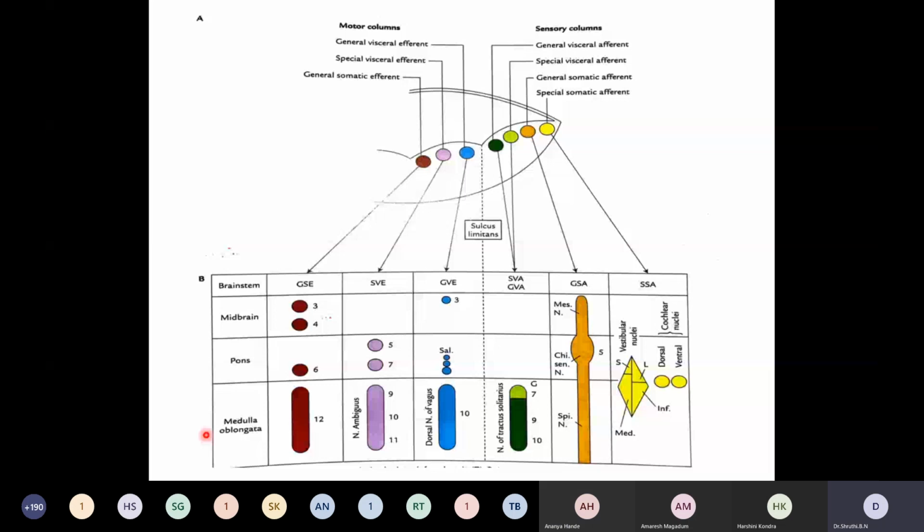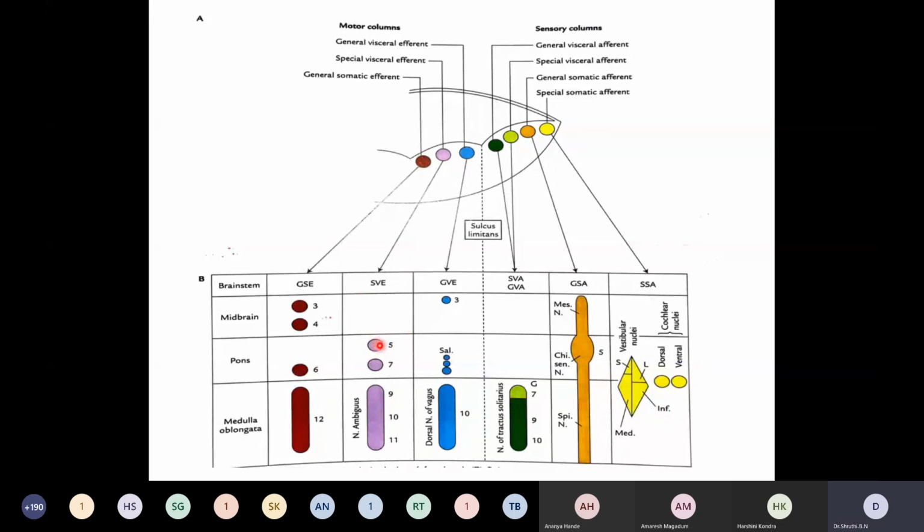So the next functional column in the basal lamina is special visceral efferent. This purple column supplies the muscles which are derived from pharyngeal arches. Here you have the motor nucleus of the trigeminal nerve.